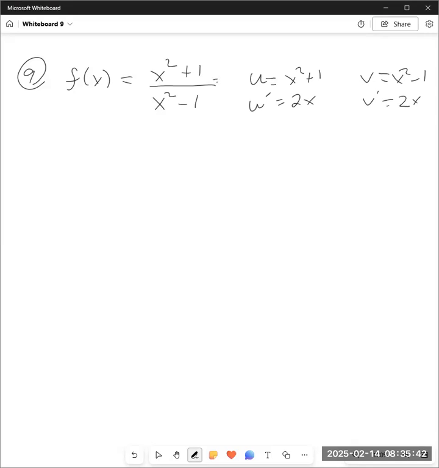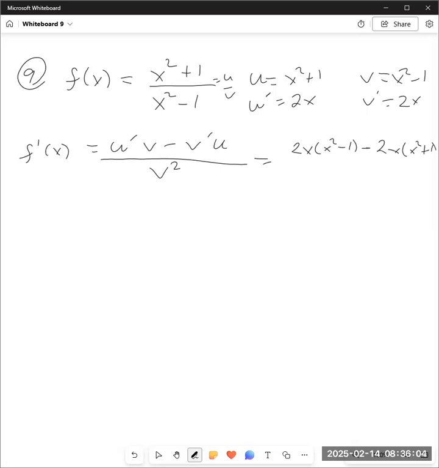If I call this u over v, that makes f prime equal to u prime v minus v prime u all over v squared, which makes this 2x times x squared minus 1 minus 2x times x squared plus 1 all over x squared minus 1 quantity squared.